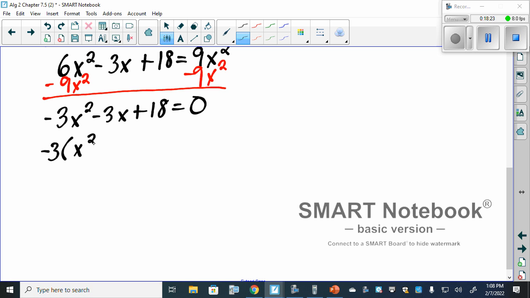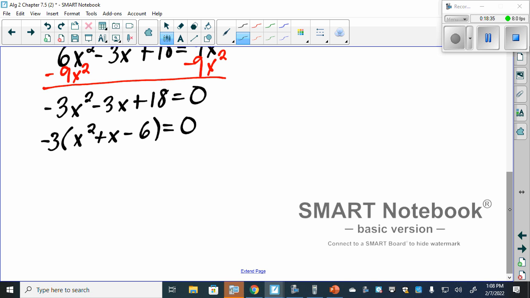The negative 3x is going to become plus x minus 6 is equal to 0. So taking out the 3 and the negative left us with our x squared plus x minus 6.